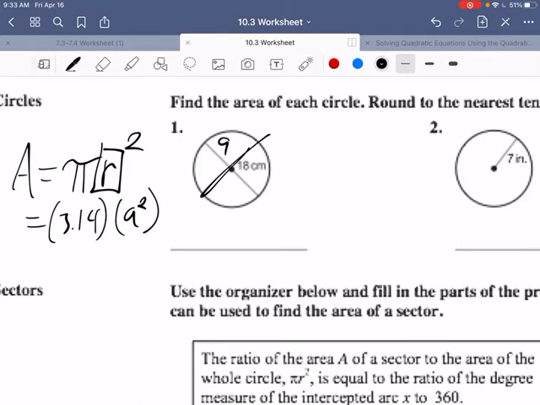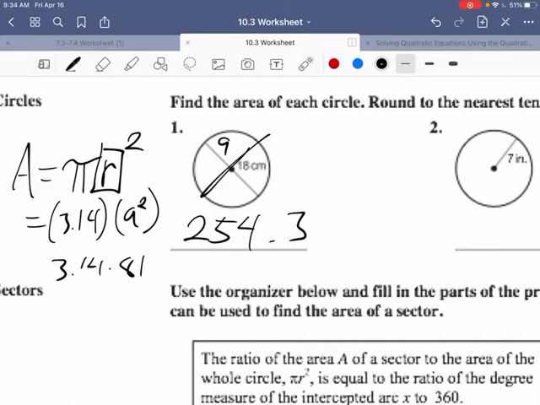So we have 3.14 times 81. And 3.14 times 81 equals, if we're going to round it to the tenths place or the first decimal place, 254.3. Okay, 254.3.